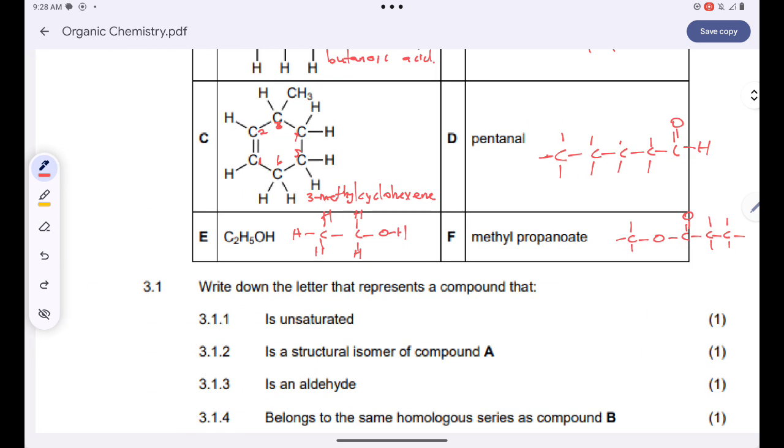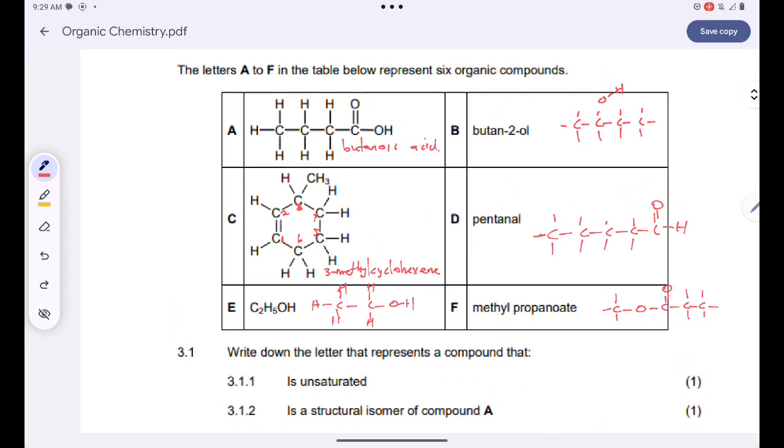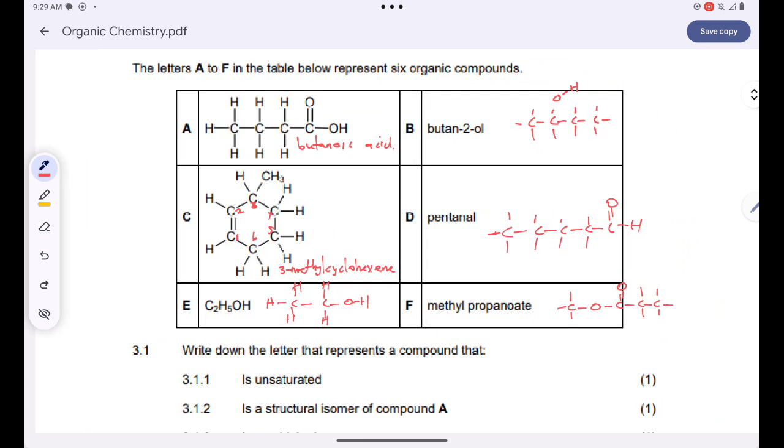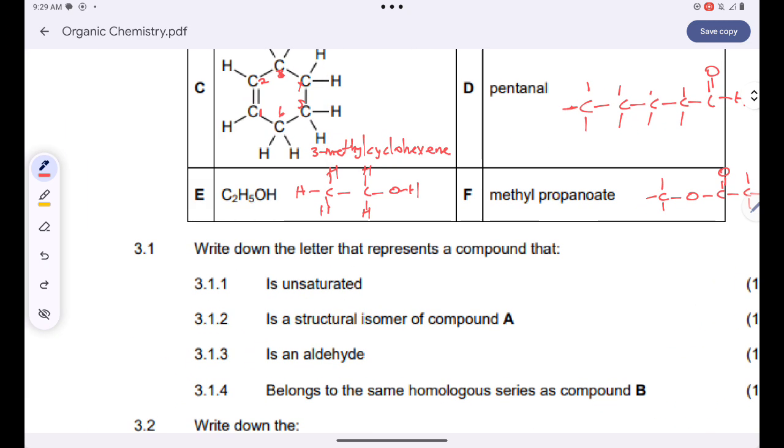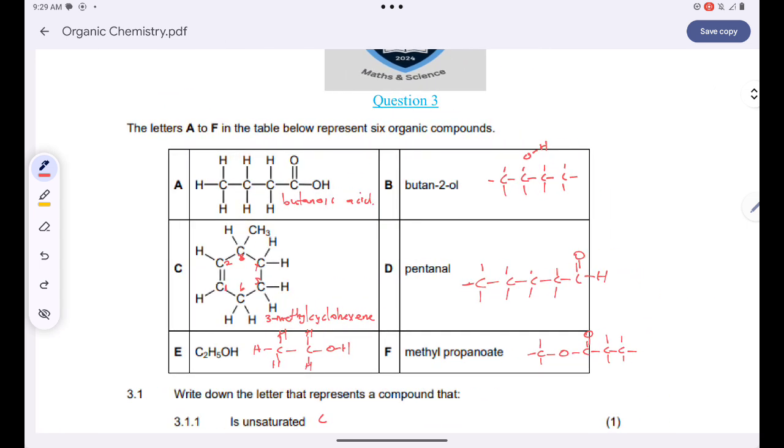Okay, now let's answer the questions. Write down the letter that represents a compound that is unsaturated. Compound C is unsaturated because it has a double bond between adjacent carbons. Next, a structural isomer of compound A. Compound A is butanoic acid. Please note, guys, carboxylic acids are always isomers of esters.